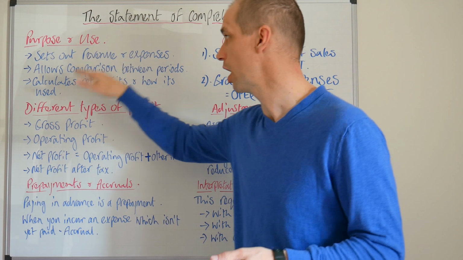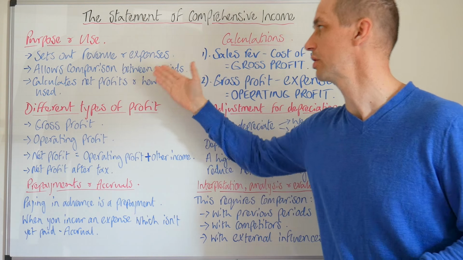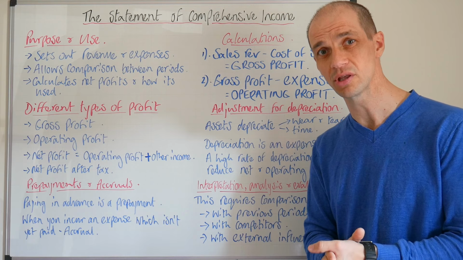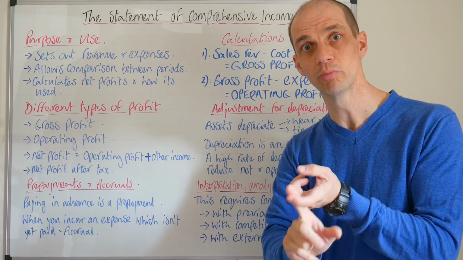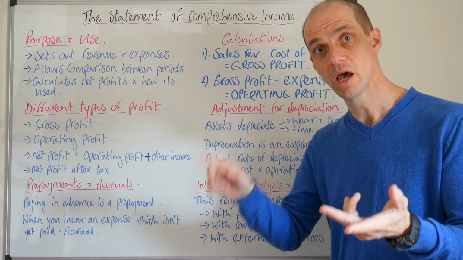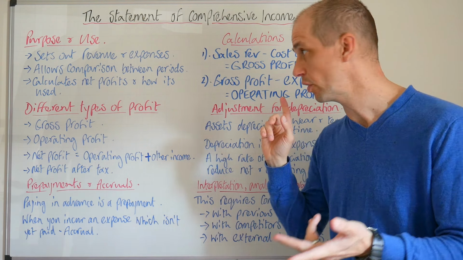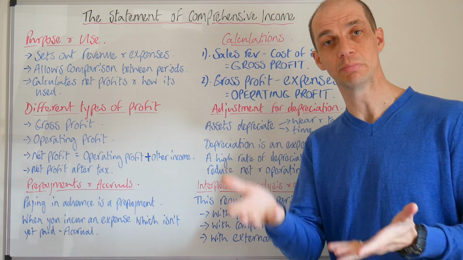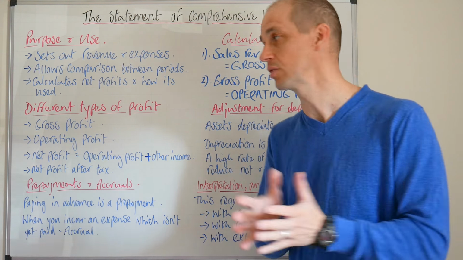So it enables that calculation of net profits, and it also tells people how you're intending to use those profits, whether the money is all being distributed to shareholders via dividends, or whether it's all being retained and reinvested into the business, or alternatively, if the business is trying to balance both angles.